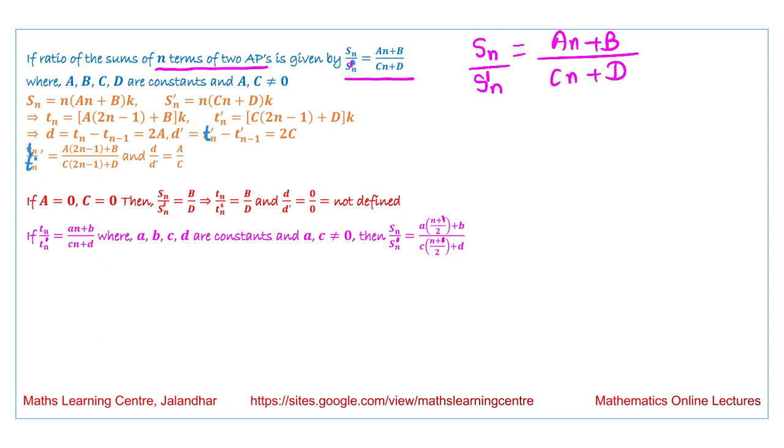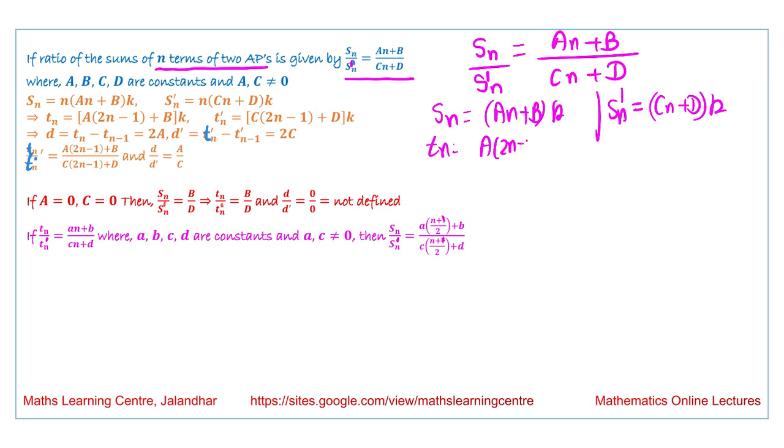So again Sn is equal to (an plus b) into k, and Sn dash is equal to (cn plus d) into k. We have these two values. Now Tn will be given by (a into 2n minus 1 plus b) into k, and Tn dash will be given by (c into 2n minus 1 plus d) into k.